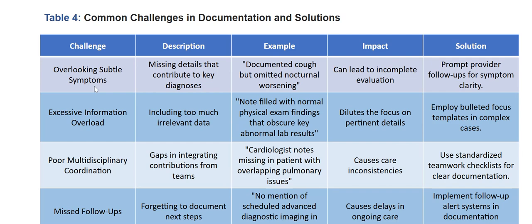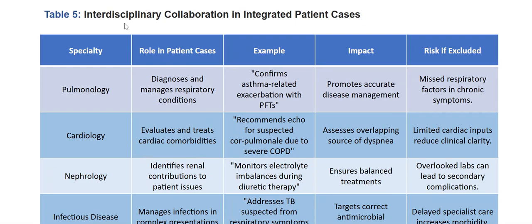Challenges: overlooking subtle symptoms, excessive information overload, poor multidisciplinary coordination, missed follow-ups, misaligned chronological order. Table on interdisciplinary collaboration in integrated patient cases: specialty, role in patient cases, example, impact, risk if excluded. Specialties: pulmonology, cardiology, nephrology, infectious disease, and radiology.